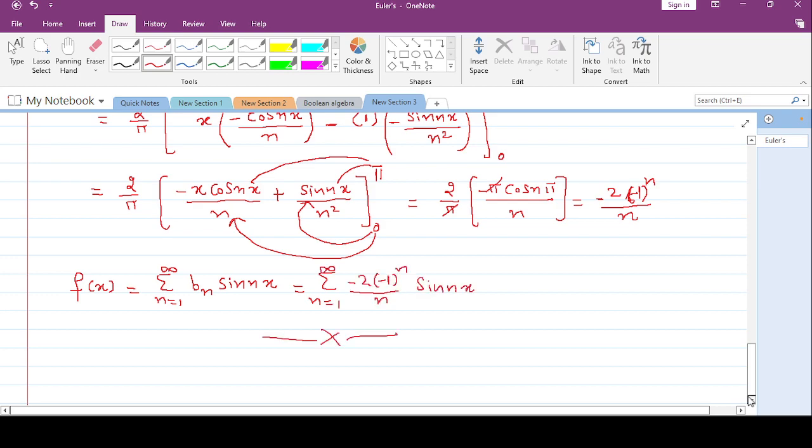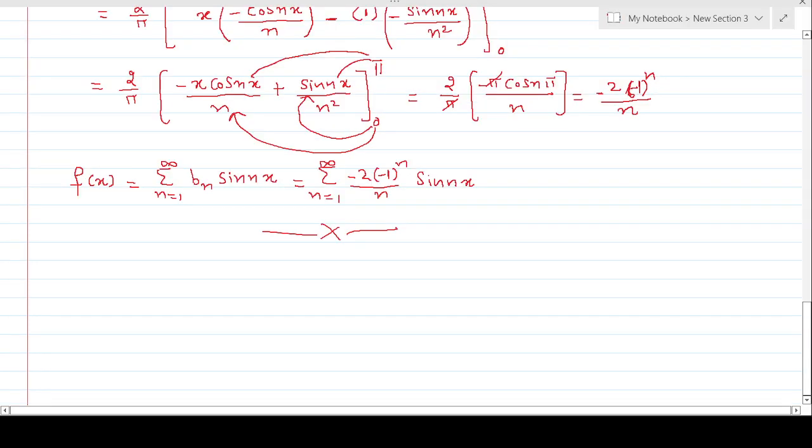Now next we solve one more question, and the question is this: find the Fourier series expansion of f of x equal to x square in the interval minus pi to pi.